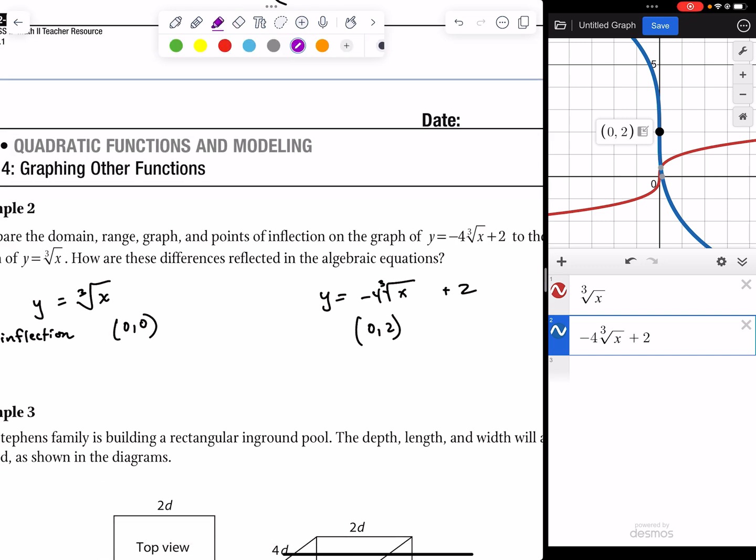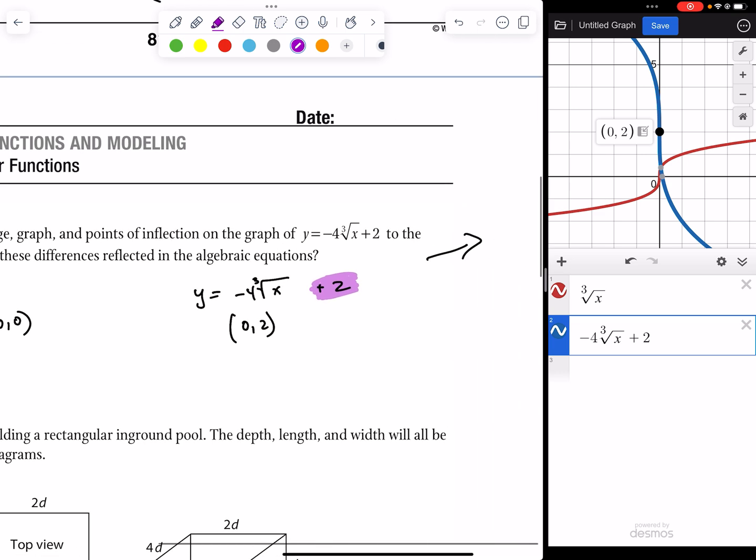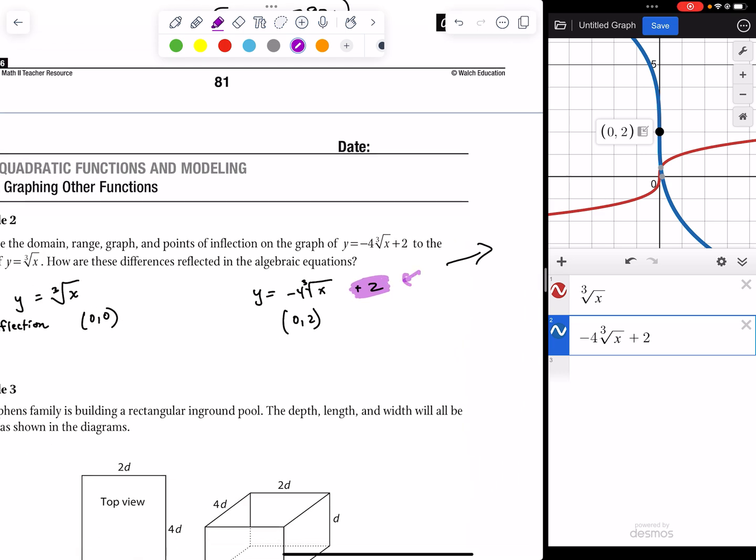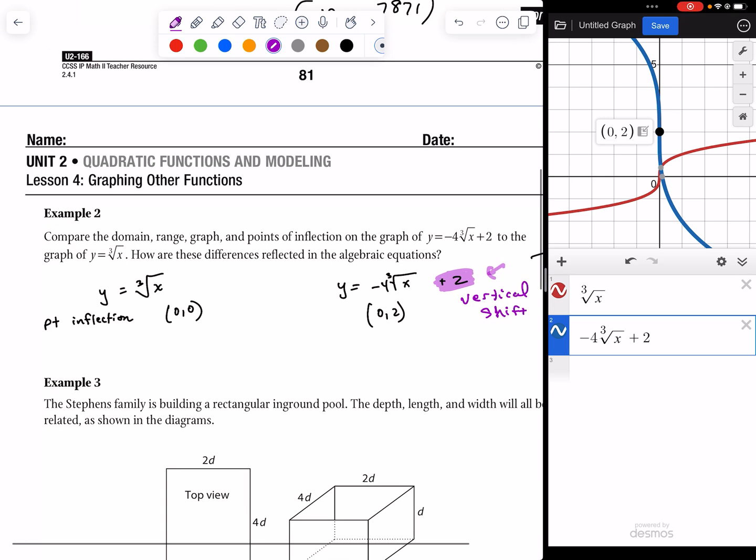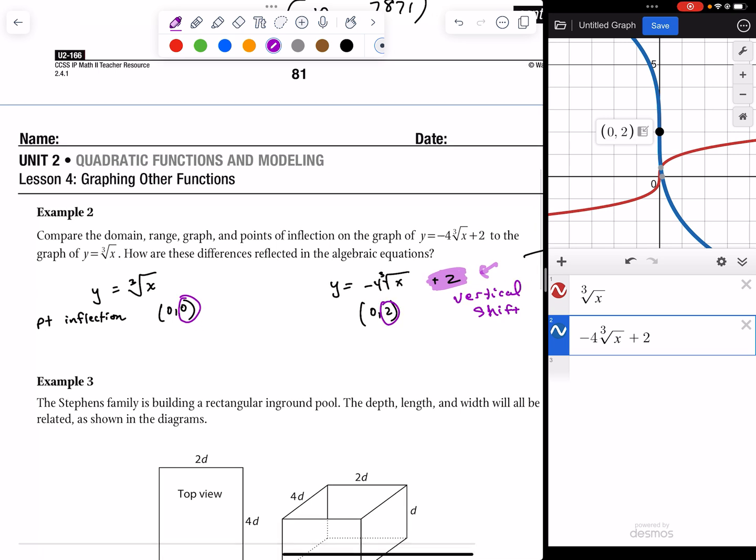There's a plus 2 outside the radical. So this right here is a vertical shift. This is at 0. This changes to a 2 because we shifted it 2 up. Now what does the negative 4 do?